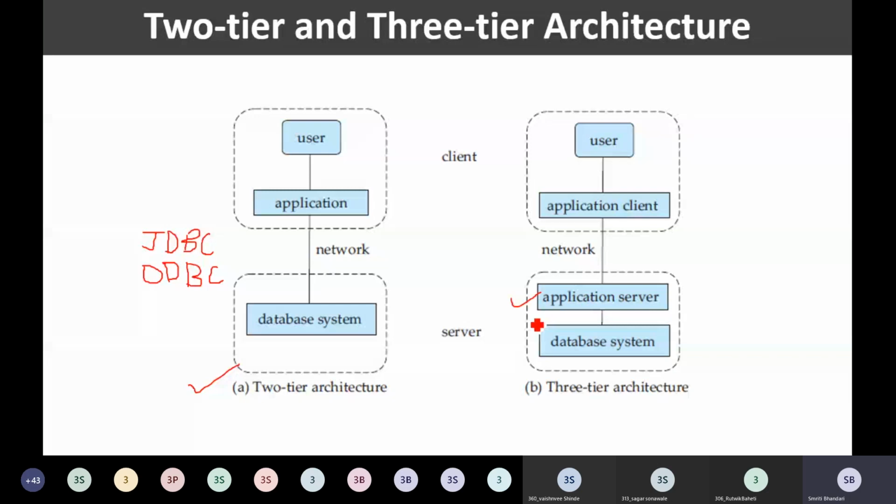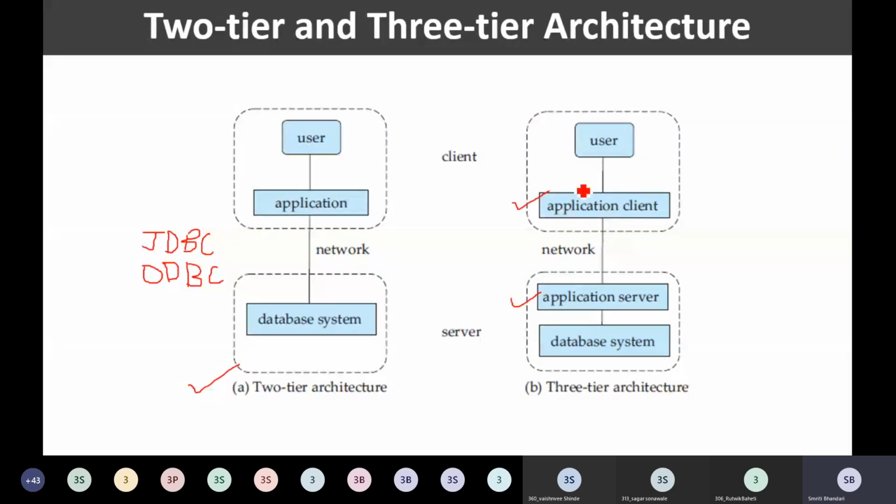I'll repeat, the business logic is implemented at the application server. The database system is also located at the server side. And at the client side, what do we have? At the client side, we have the application client. So business logic is not provided here. We need not deploy any client application program here.